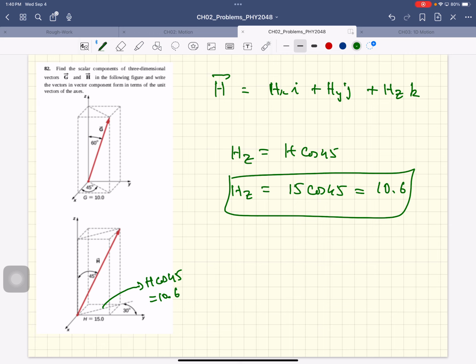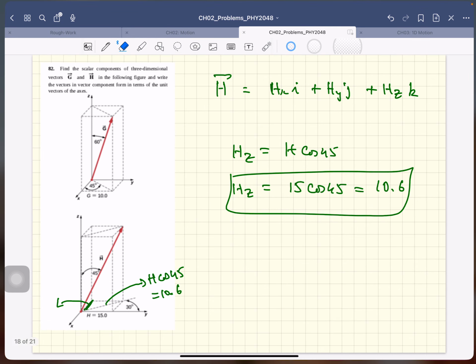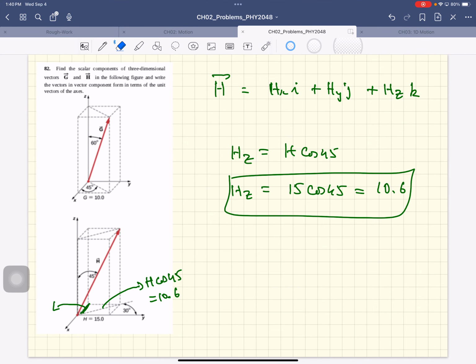What is the x component? There is the x component. This angle is 30 degrees, so this angle is 60 degrees.